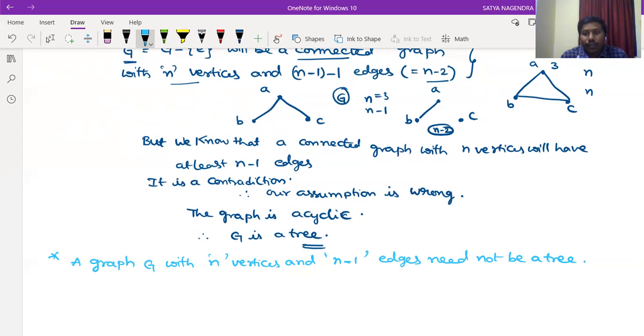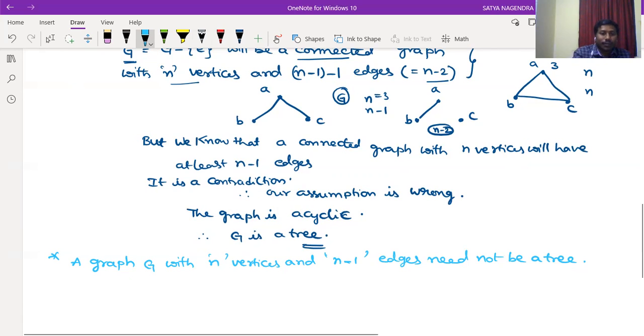When we can say that a graph is a tree, it must be connected, yes, and it is acyclic. It doesn't contain any cycle. But you observe here a graph with n vertices and n minus 1 edges. The previous statement said a connected graph with n vertices and n minus 1 edges is a tree. But here, what is missing? Connectedness.